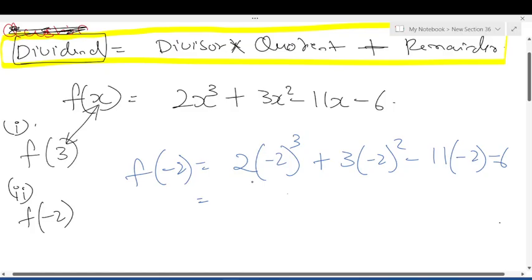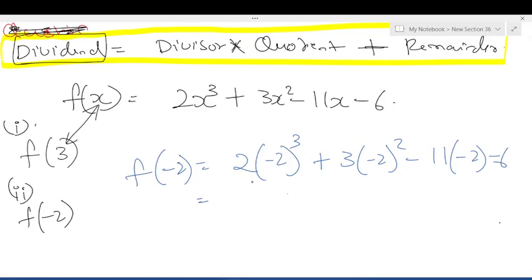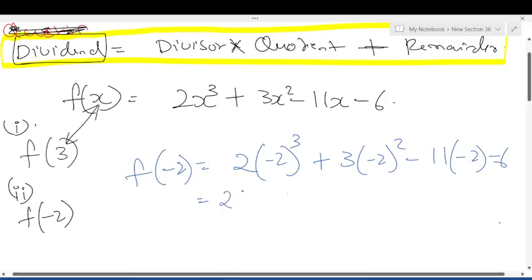Solve one question. Minus 2 is multiplied 3 times, you'll get a negative value. Negative.